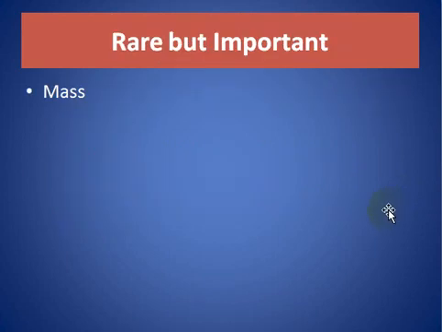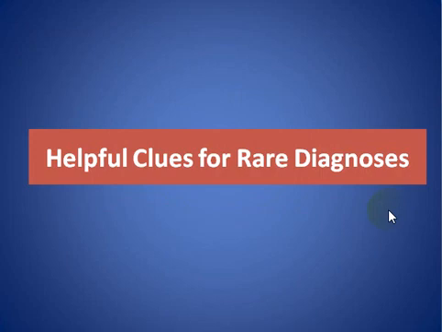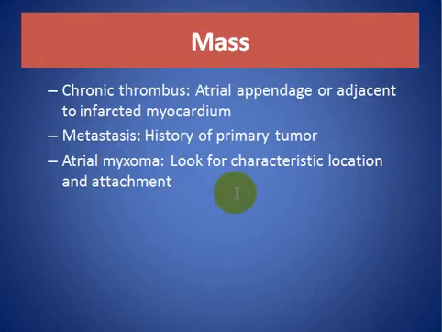Rare causes are masses involving the heart, either due to chronic thrombus in the atrial appendage or adjacent to infarcted myocardium, metastasis in a patient with a history of primary tumor, and atrial myxoma. We should look for characteristic location and attachment.